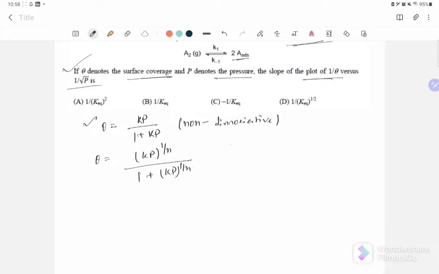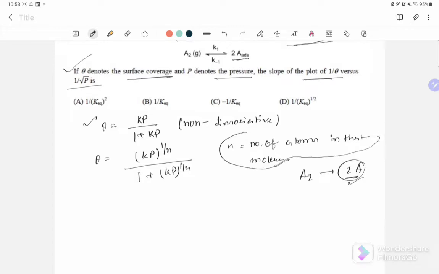N is the number of parts the molecule divides into.